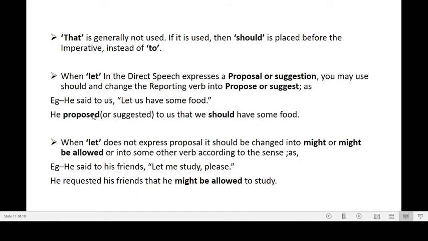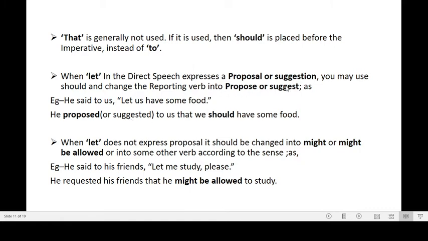For example, he said to us, let us have some food. So when the word let is used in direct speech, and if it is a proposal or suggestion, then we have to use the word should here. If the sentence starts with let in an imperative sentence, and it is a proposal, we have to change the reporting verb into suggested or proposed.